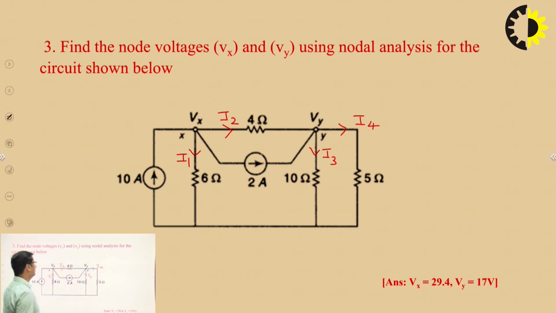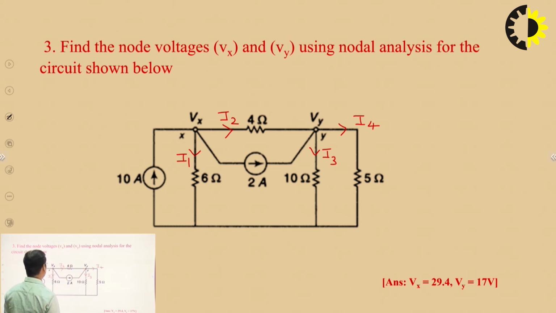We have assumed two nodes X and Y, with voltages Vx and Vy, and we have assumed the currents in the different branches in these directions. Okay, it is just an assumption.